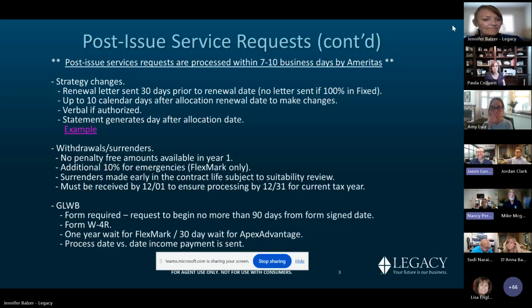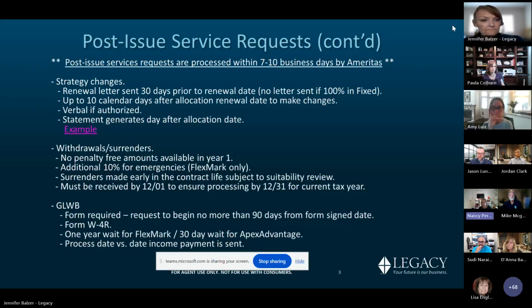I have a question with regard to the renewal date to make changes. I see that it says up to 10 calendar days from allocation renewal, but especially this time of year, people are on holidays and all kinds of things. It's sometimes hard to get them to sit down and do the review within that time frame.